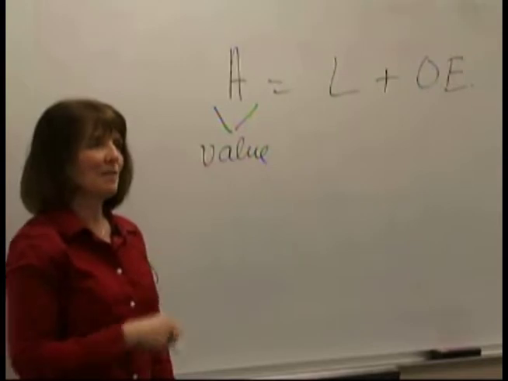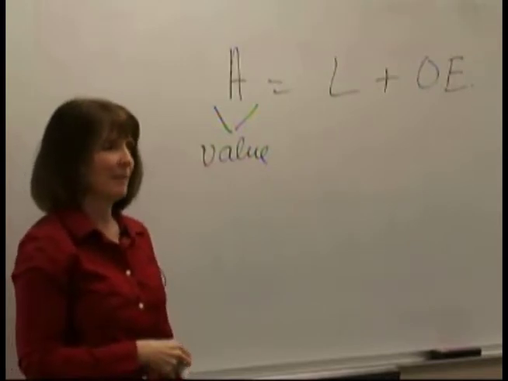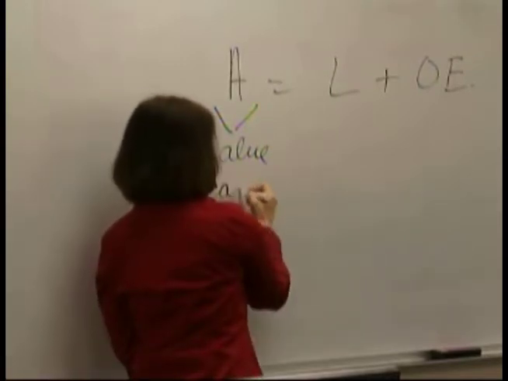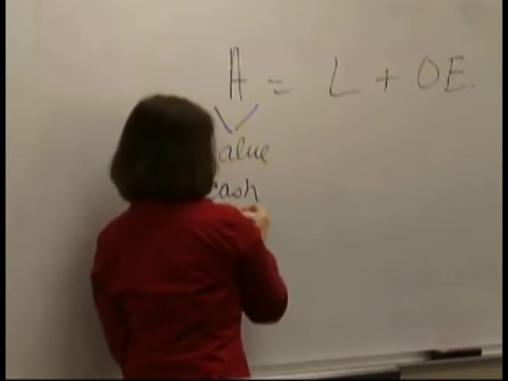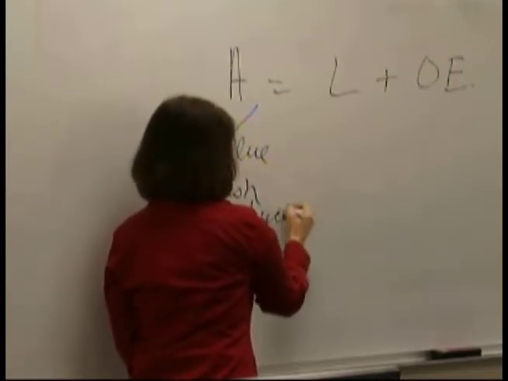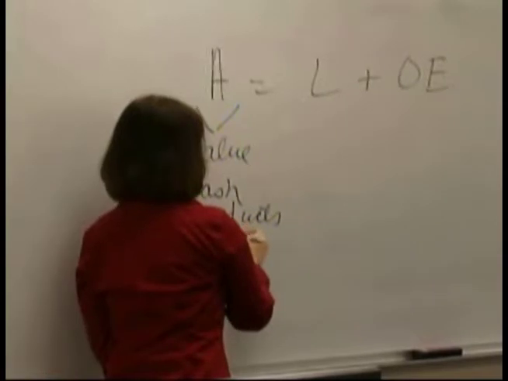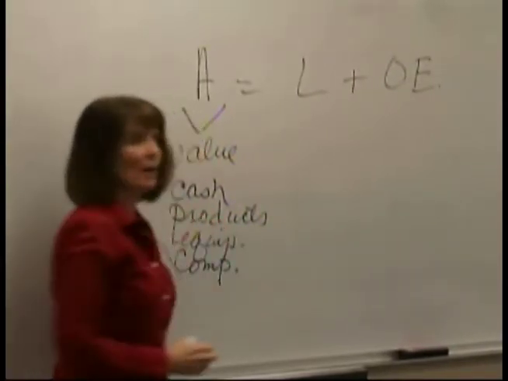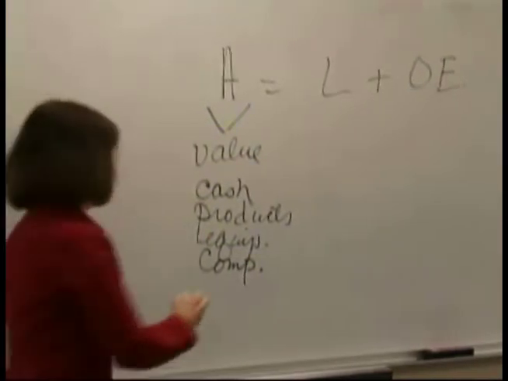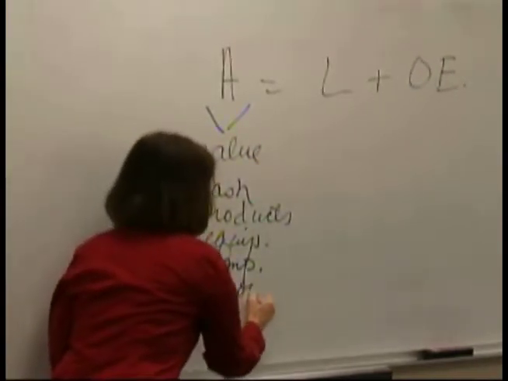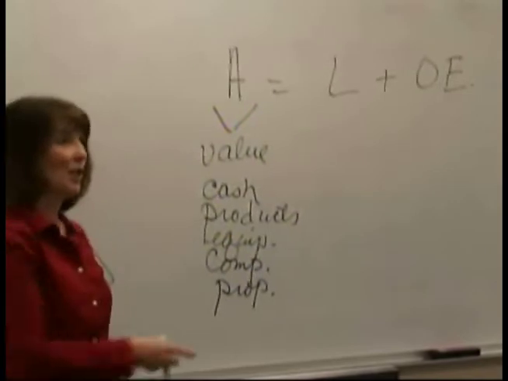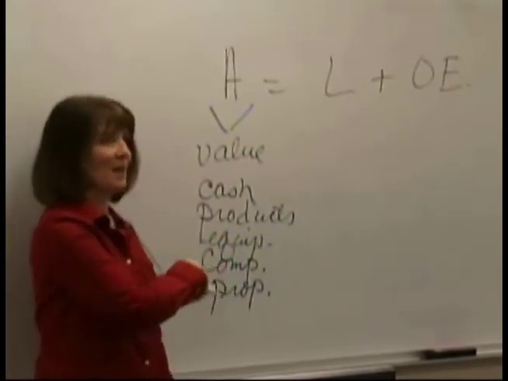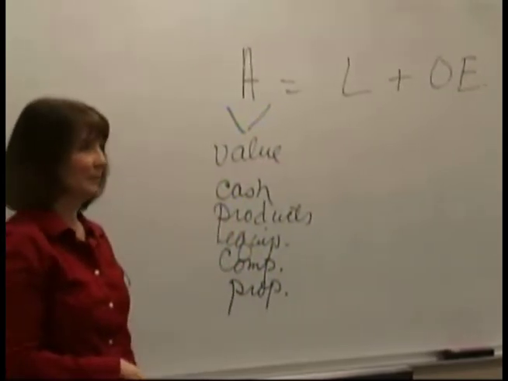What would be things of value for a business? Products. What else? Property. Okay, so you're getting the gist of what assets are, things of value.